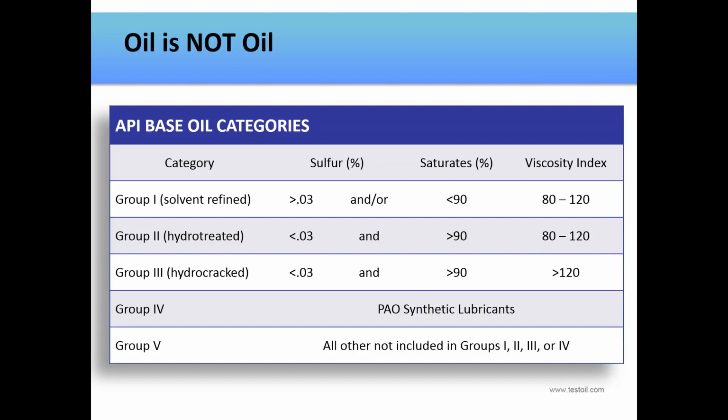Then we move on to our synthetic groups. Group 4 consists of synthetic hydrocarbons called polyalpha olefins, or PAOs. These have molecules that are very similar to groups 1 through 3, but they have a much broader temperature range and similarity among the molecules dispersed in the oil. And therefore, they are really great for extreme weather conditions, such as in jetliners.